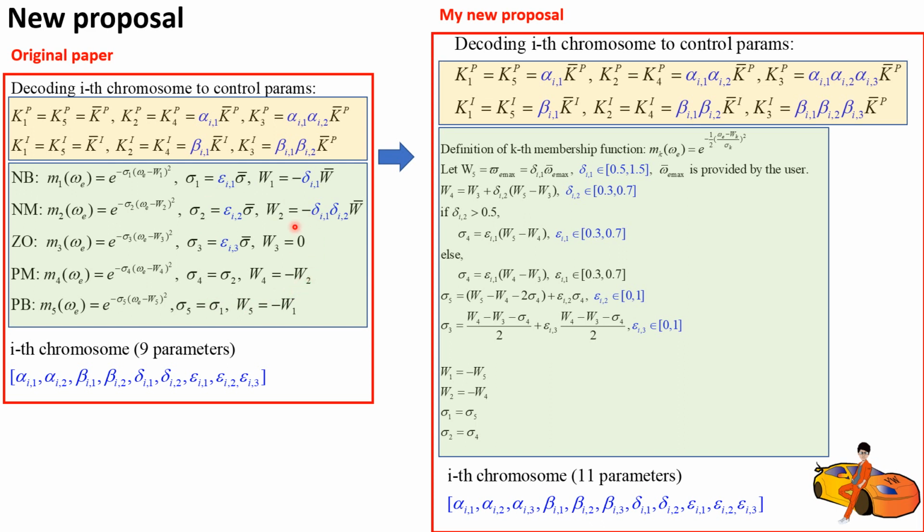The only thing it did was that 4 is symmetrical to 2 and 5 is symmetrical to 1. And in this case, I added more constraints, and I used a version of the membership function that makes more sense in terms of spread. And then in my implementation, I have 11 parameters per chromosome.